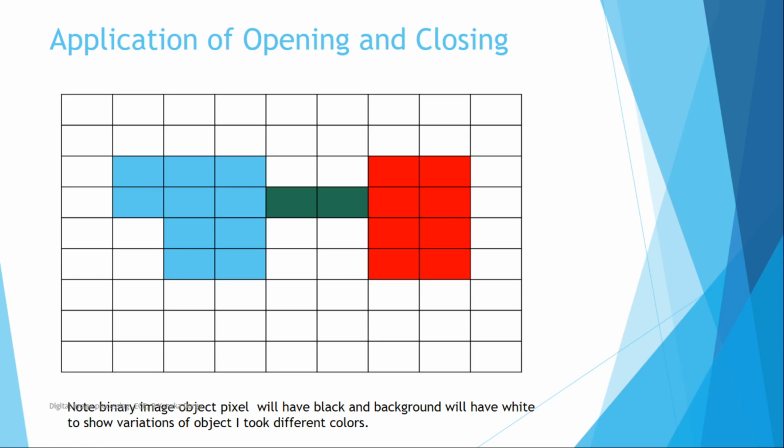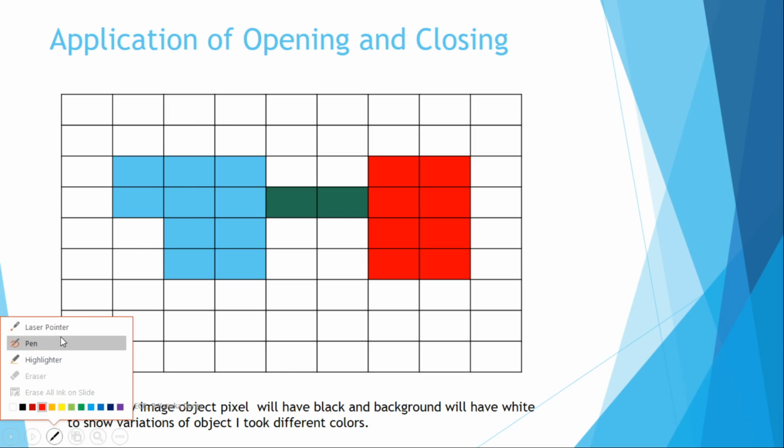I have considered colors in order to show the difference between the objects. But for grayscale images, we will have only black and white. Objects go for black color and background goes for white color. I am assuming the colors only to show the variation.